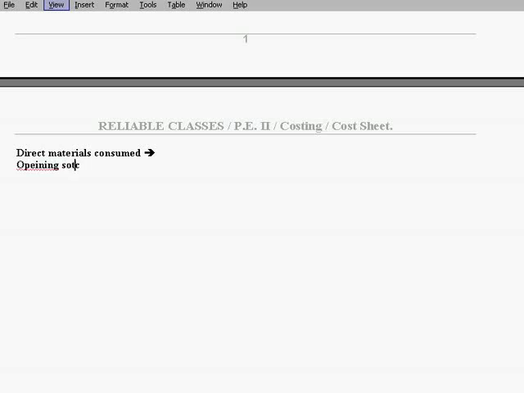Opening stock of materials, add raw materials purchased, add expenses relating to purchase, less closing stock of materials.